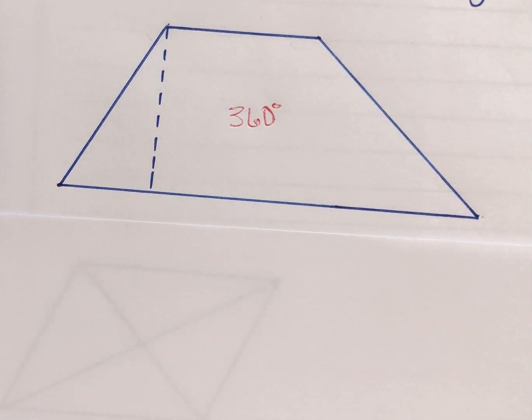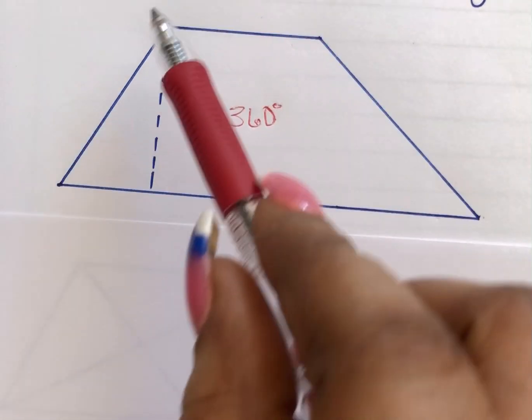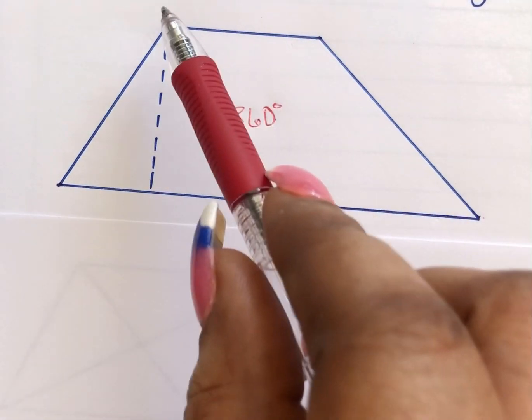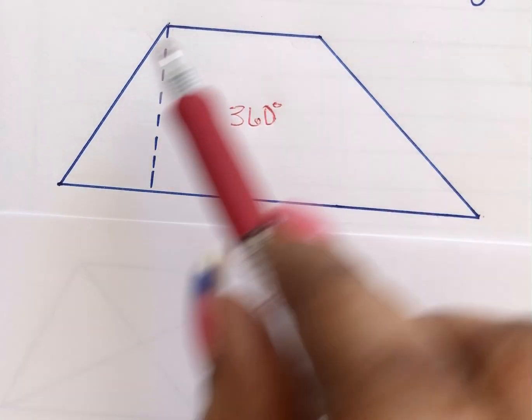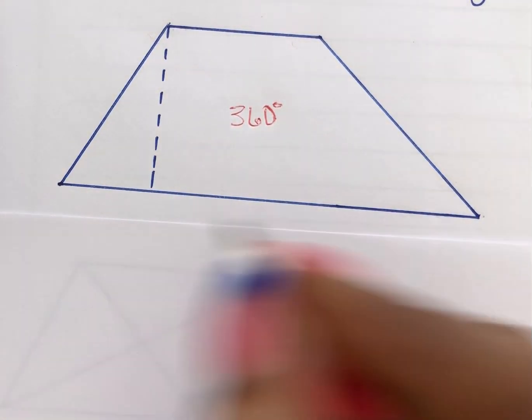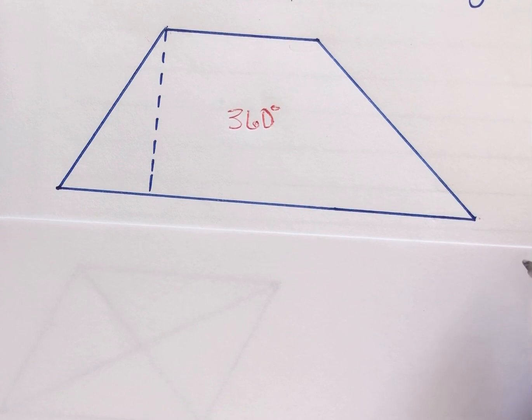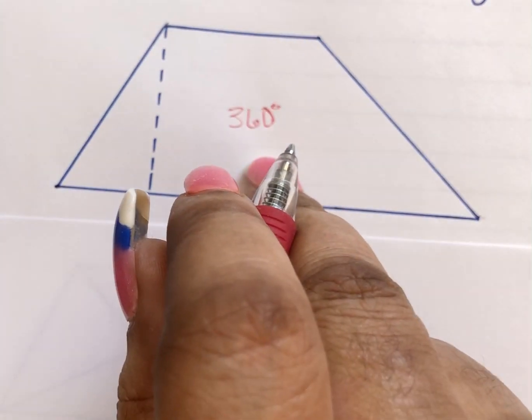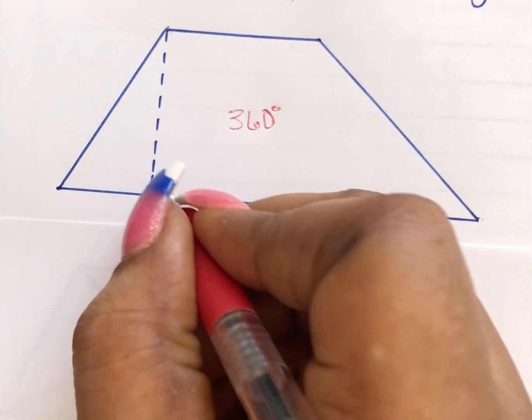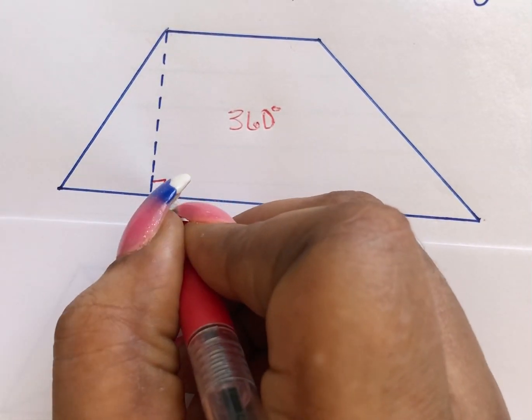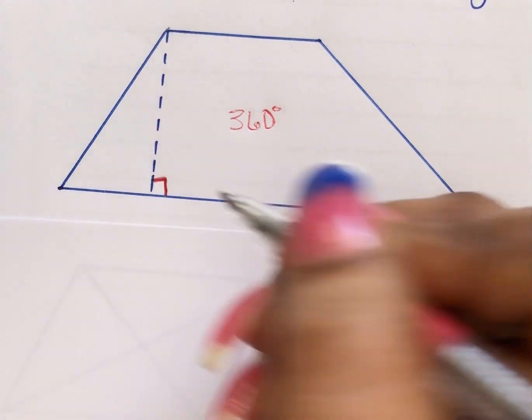Now, let us look at this first shape. Who can say what this shape is? What is that special name that is given to this 4-sided figure, which is also called a quadrilateral generally? This is a trapezium, or trapezoid.